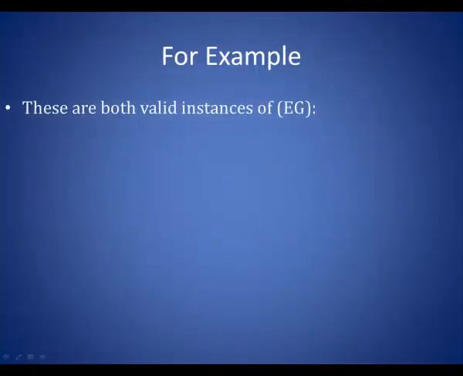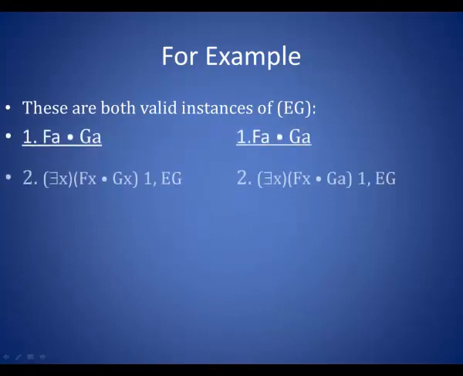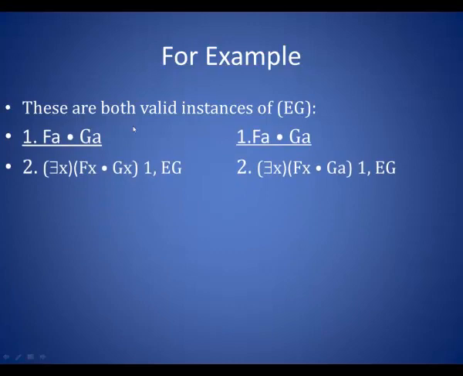I will first show you two valid instances of using EG. Notice, on the left side, I have Fa and Ga. I am fully allowed to reintroduce a quantifier, in this case an existential quantifier, that binds both my variables, x and x here, and call that EG.